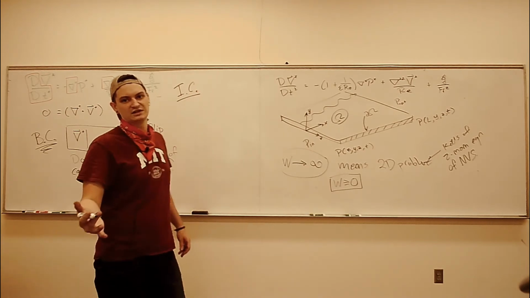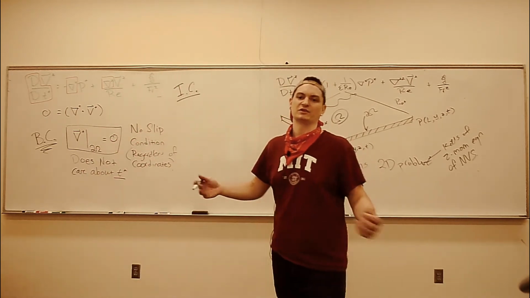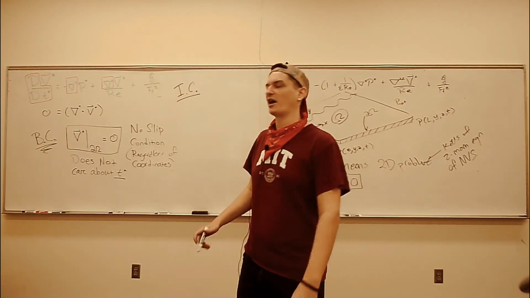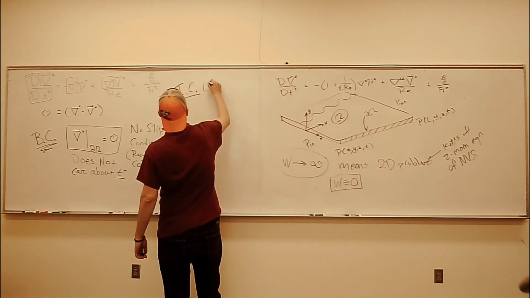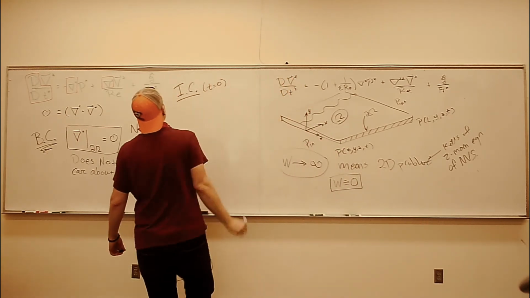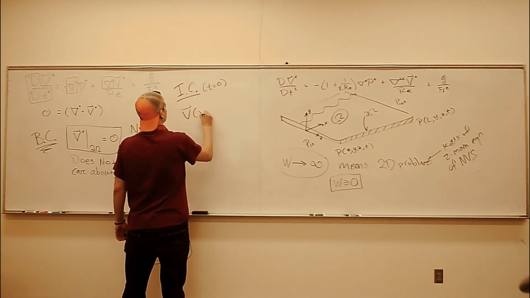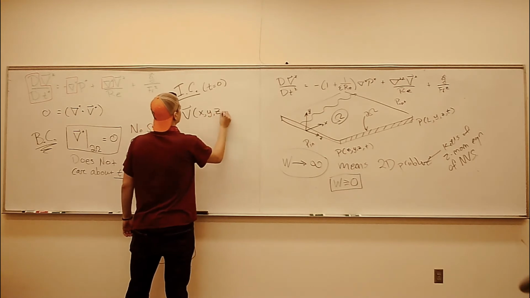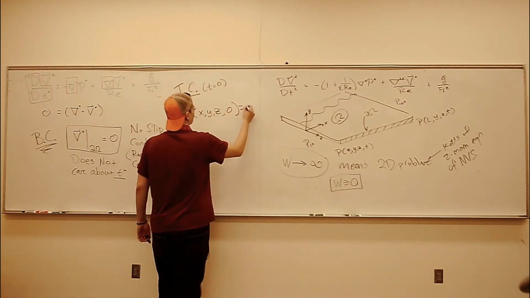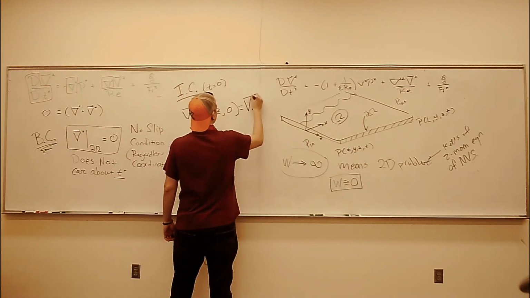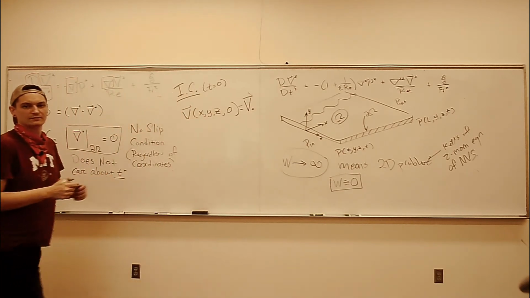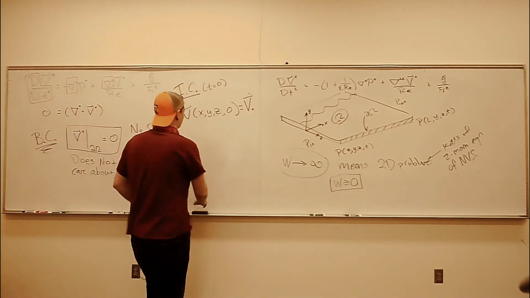Now, what's the initial condition? Well, the initial condition is you have to start your simulation at some time. So usually this refers to time equal to 0. What this is assigning is the vector field everywhere.